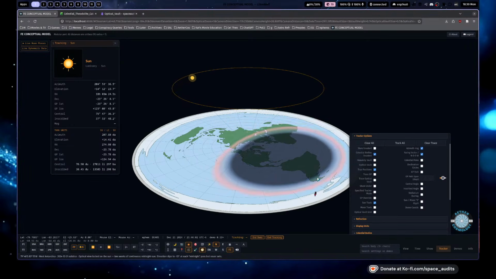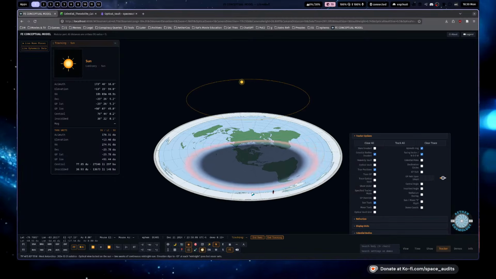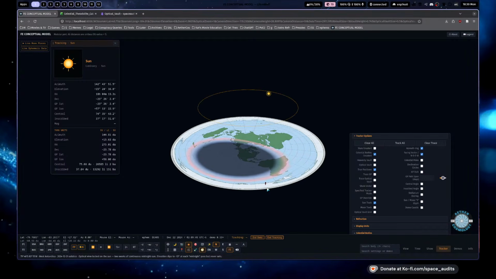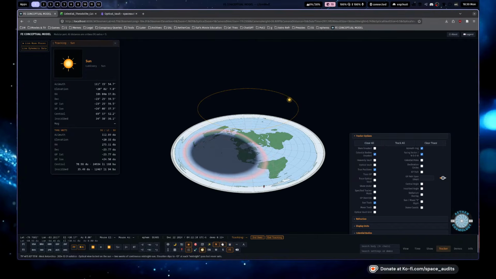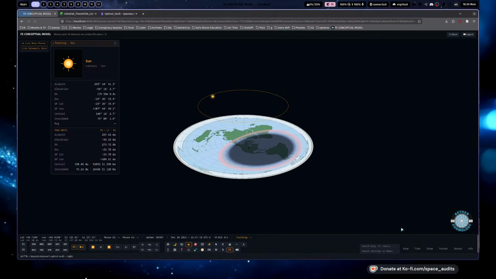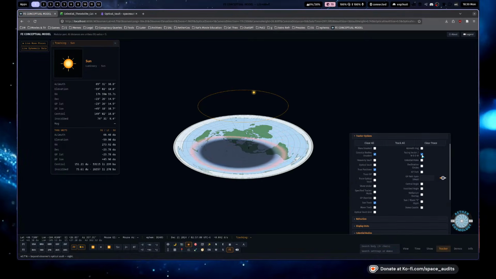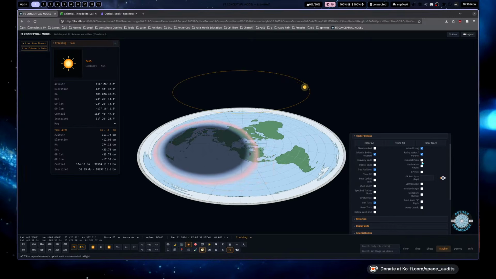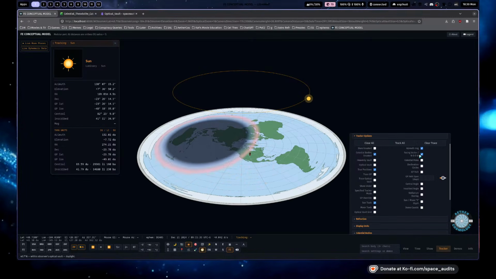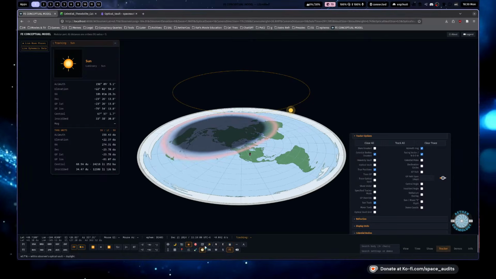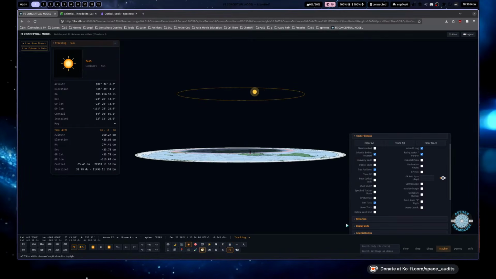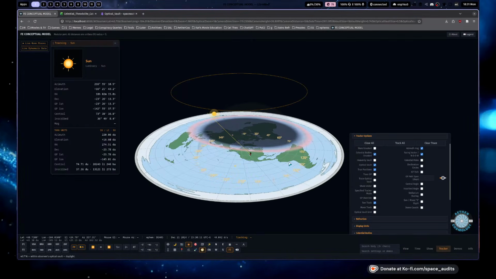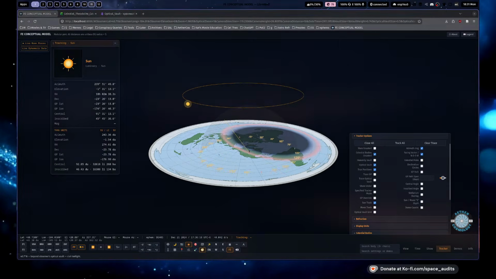There's supposed to be a straight line showing the direction that the observer is facing. Is that the dome caustic at the bottom? Oh, did I turn off the star? Hold on a second. I think I turned off... there we go. I turned off optical vault. That's what the issue was.